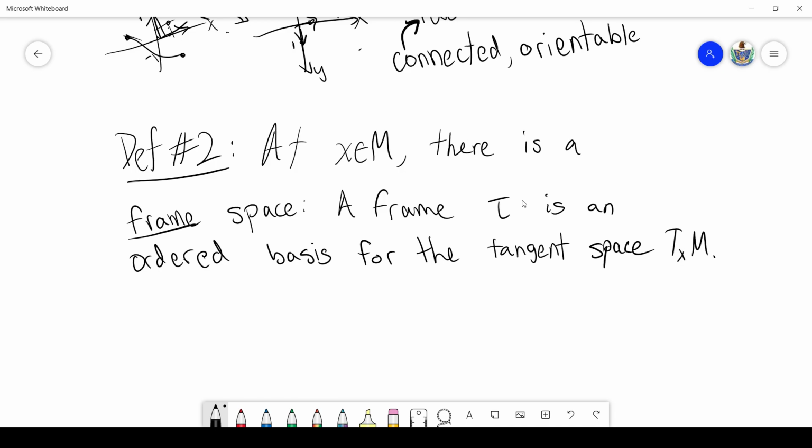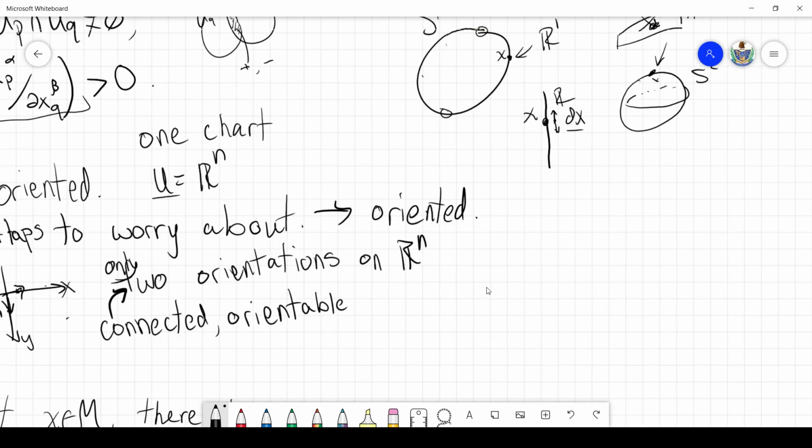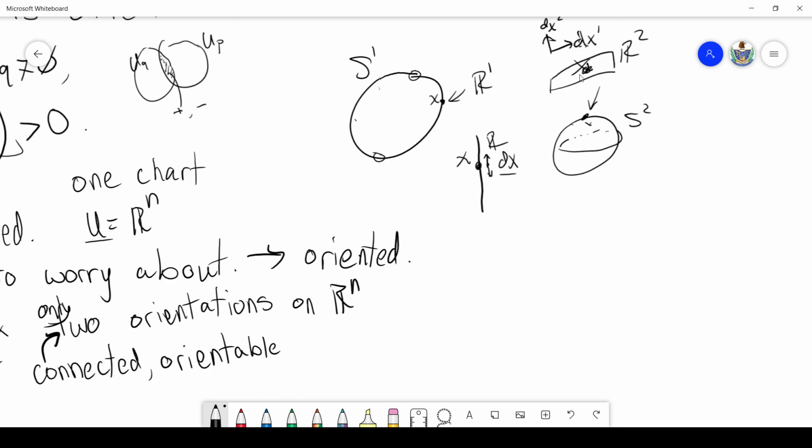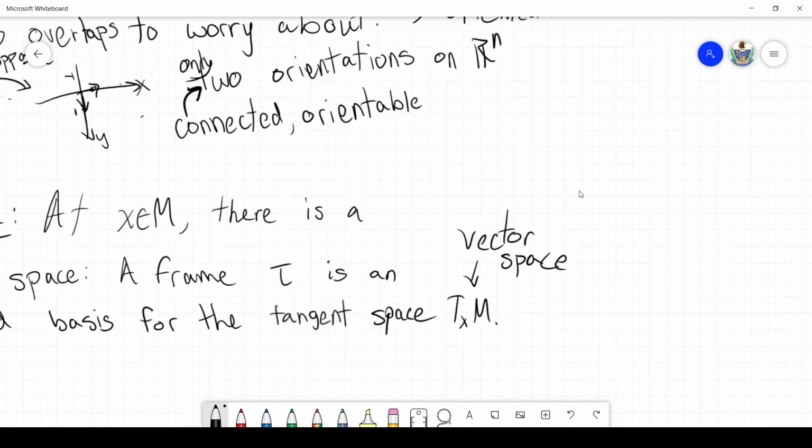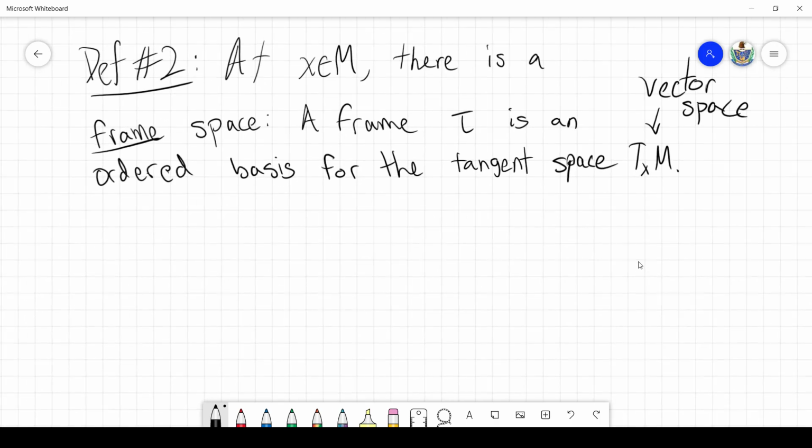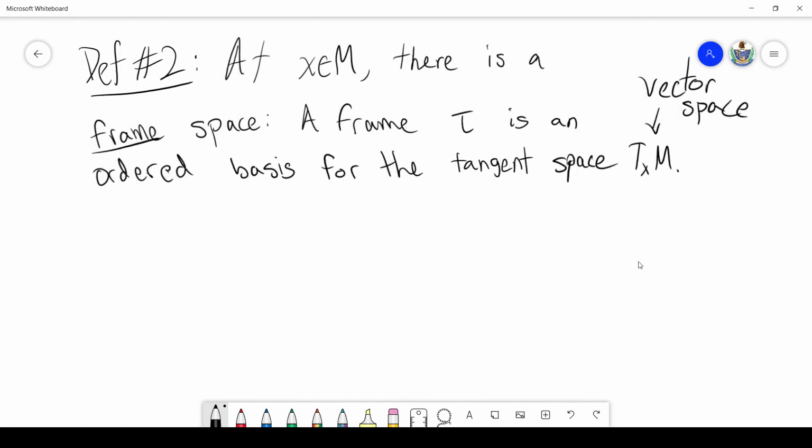Remember, the tangent space is a vector space, so here we're using the idea of a basis of a vector space. And we have a standard basis given by the differentials of the coordinates. But of course, a vector space can have many bases.